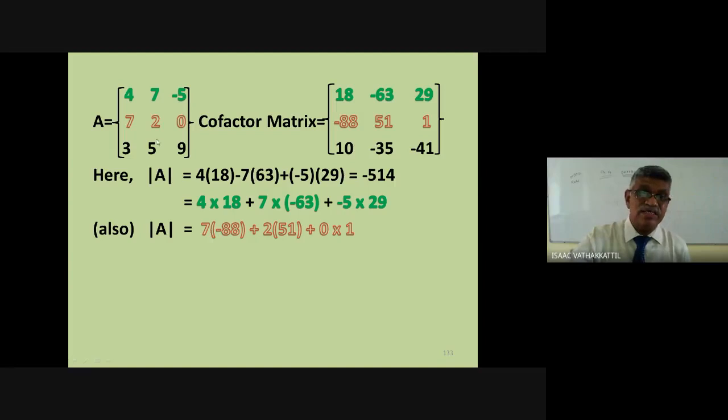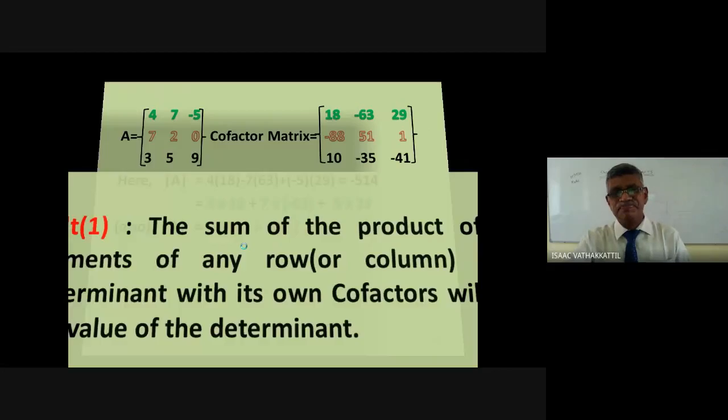In the same way, you take the second row and its own cofactors. We can take any row. The plus minus concept we use when evaluating the determinant is absorbed in the cofactors. This can be done with any row or any column.